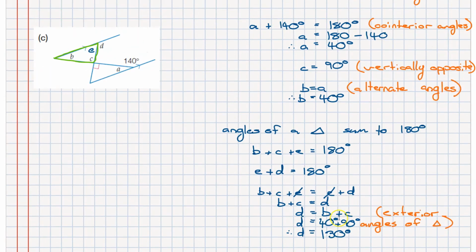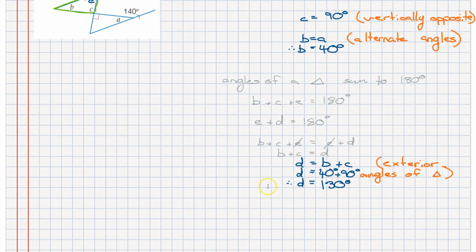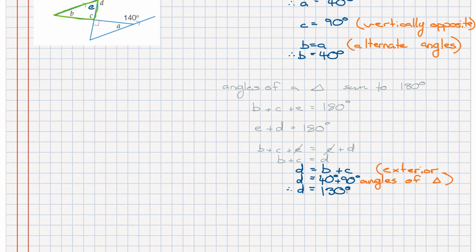So that's probably the trickiest of all of the examples we do. Now, we don't have to write all of this when we're going for this particular rule. So we can skip all of this step in here, and we can go down to here, D equals B plus C, because exterior angles of a triangle, and then we therefore rearrange and solve for D to equal 130. So nothing to it.